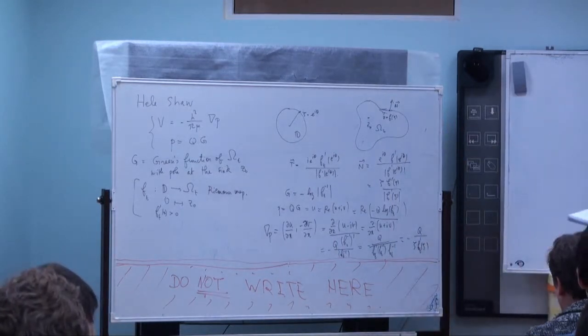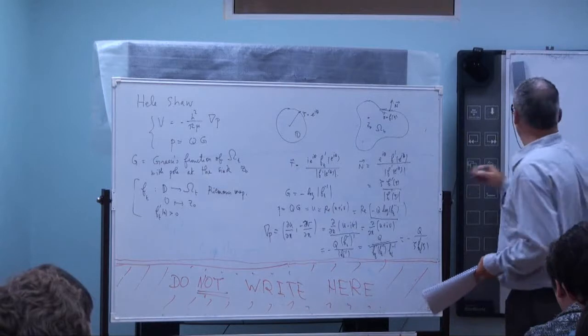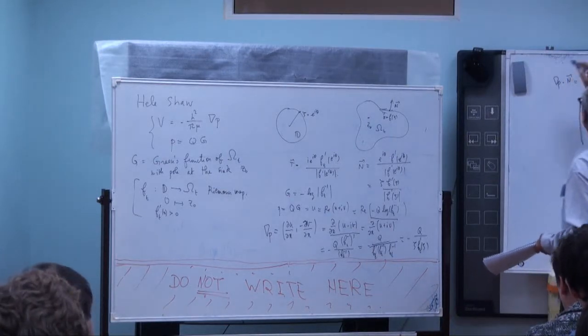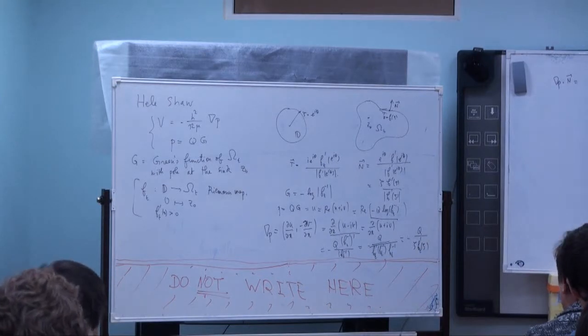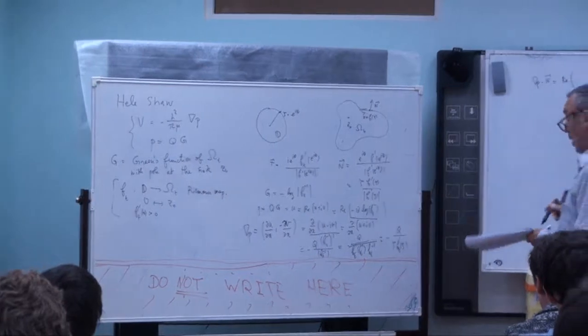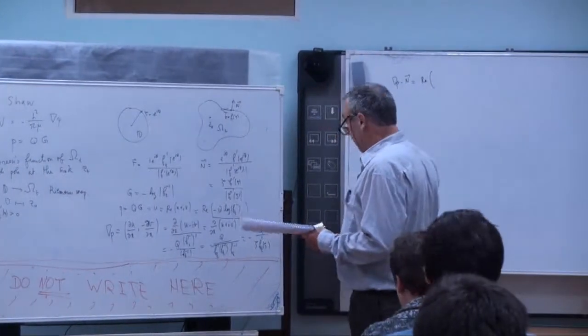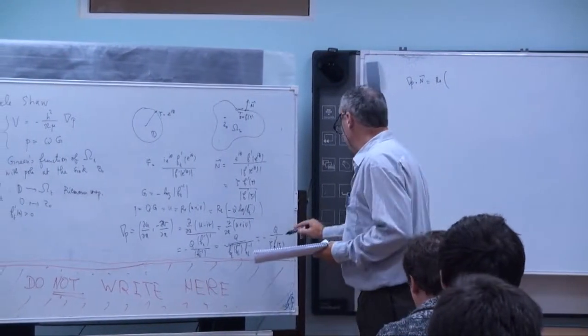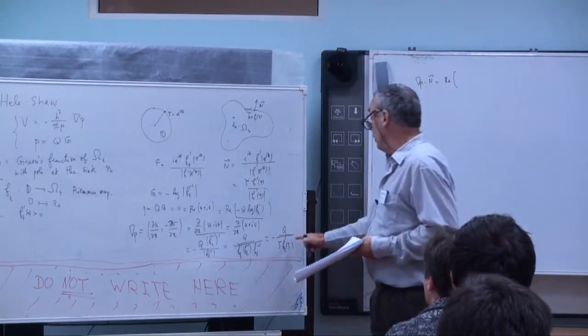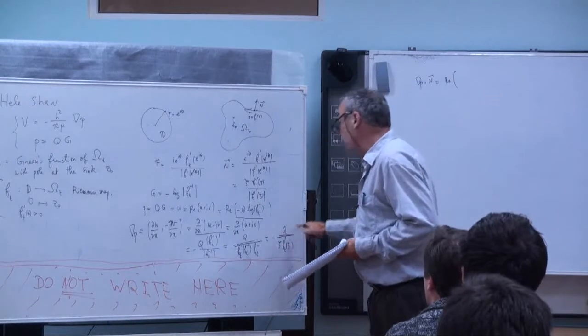Now we can compute the gradient of P scalar n, which is the normal derivative. This will be the real part of the conjugate of that.